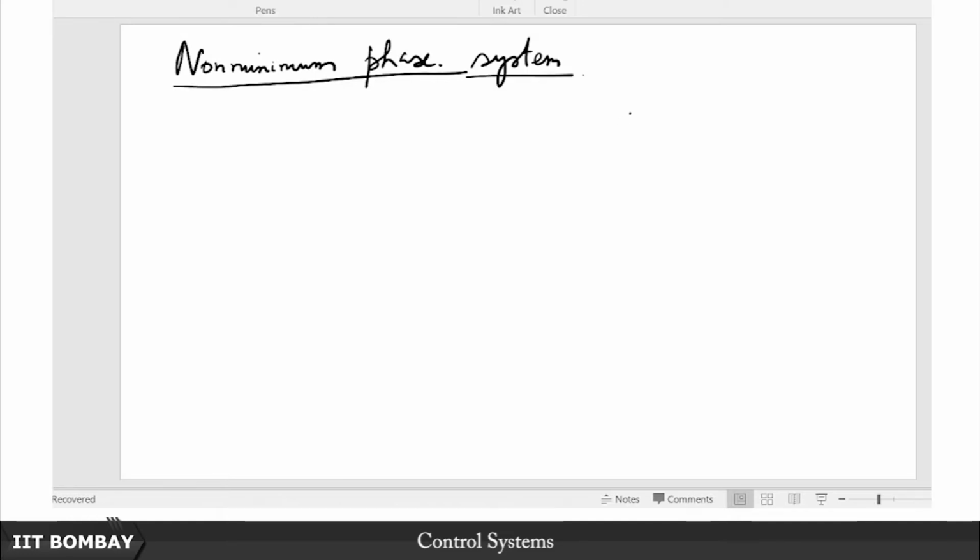So far as our understanding goes, here is how we understand a non-minimum phase system. Let me just say a stable system, because that is what we are mostly dealing with in this classical part of control theory.